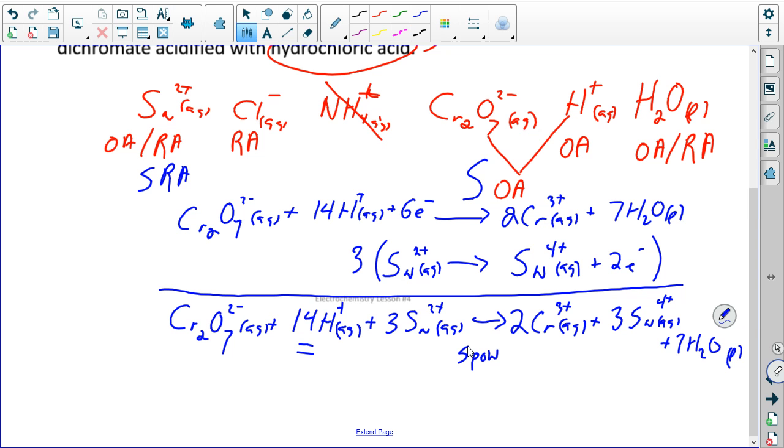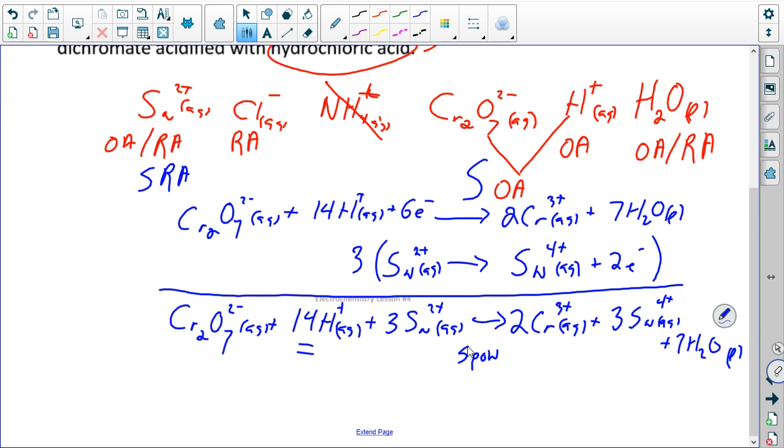If you turn to the last printed page, I believe that's the one. Yes, it is. There's another observable quality that we can look at here. You notice that the dichromate ion is colored orange or pale orange, depending upon the concentration.